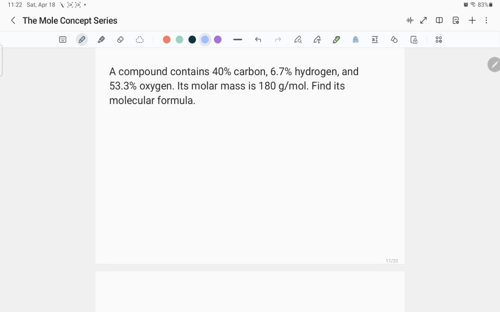Let's say we're making pizza and we're using 2 slices of cheese to 4 slices of pepperoni. The ratio to make that pizza is going to be 2 to 4.